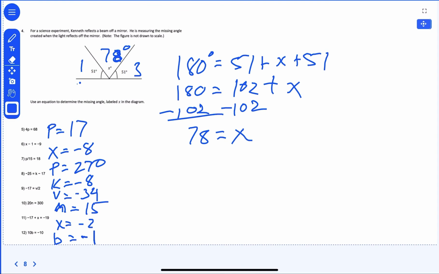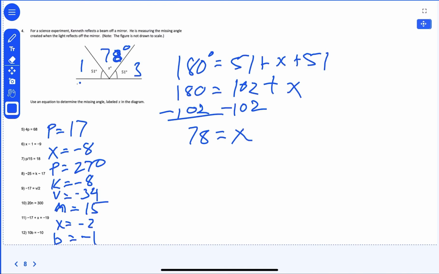All right. What about 13? Negative 38. I can't see it, so I don't know.